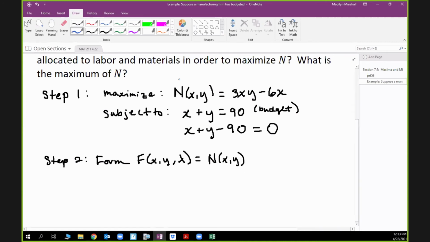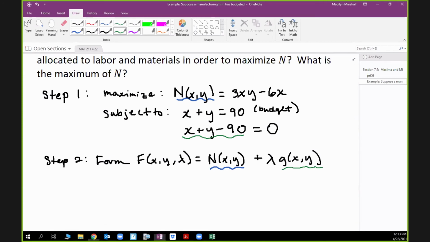So it's always that function we're trying to maximize or minimize that goes first. Then we have our plus lambda times, oh, I'm getting ahead of myself, times our budget or our constraint. We did find that before. And you're always adding those two together, correct? Yes. Okay. Always adding.